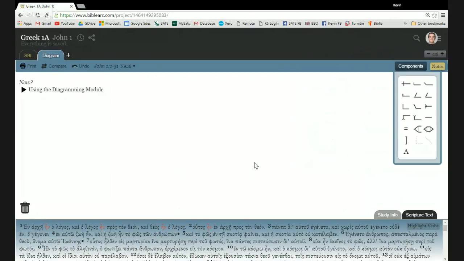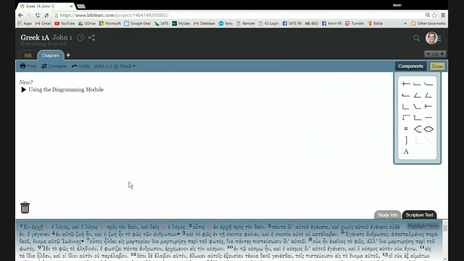Houtos, there's another one, ein en arche pros ton theon, panta, all things, di autou, through him. Egeneto is also a stative verb. It'll take a predicate nominative, but we won't worry about that now. Kai choris autou, and without him or apart from him, egeneto, it was made, oude hen, not even one thing. So we've got a few past tense expressions of estin here.